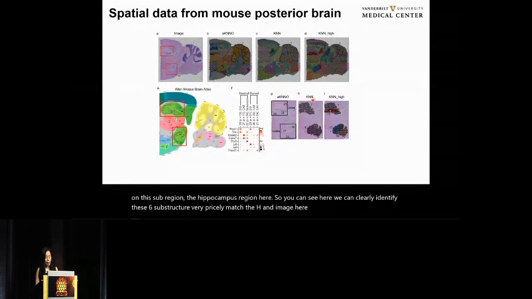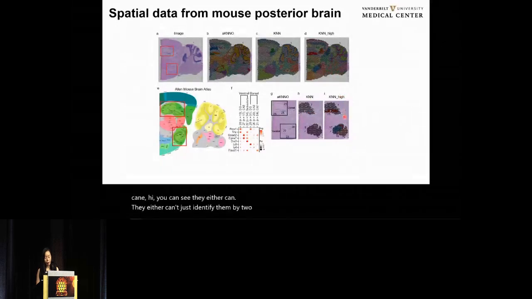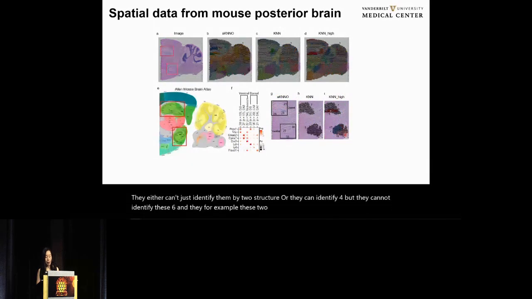But for the KNN and the KNN high, you can see they can either just identify two structures, or they can identify four, but they cannot identify these six. And for example, these two kind of merged into the background, so they cannot identify those substructures.